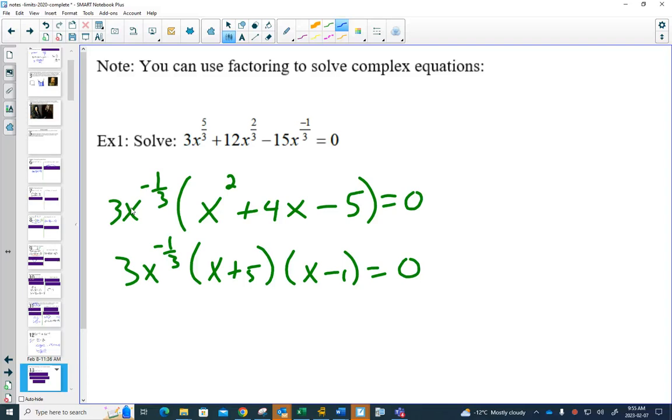And now we're multiplying 3 things to equal 0. And one of them has to be 0. I'm hoping you can see this one, right? And this one. But I want you to think about the first one.